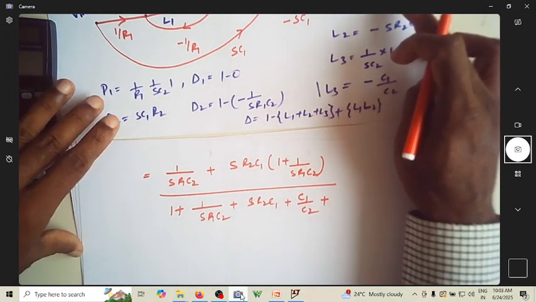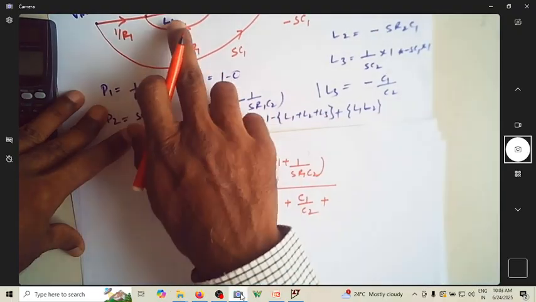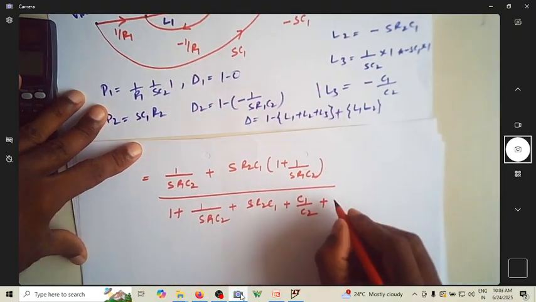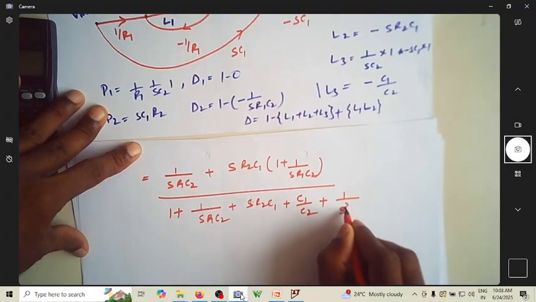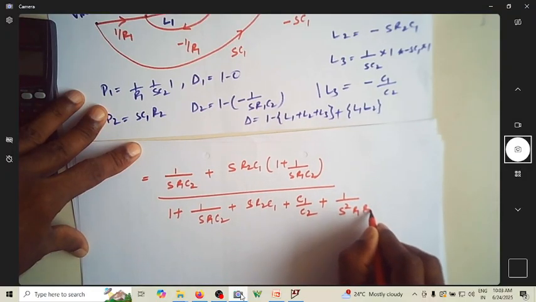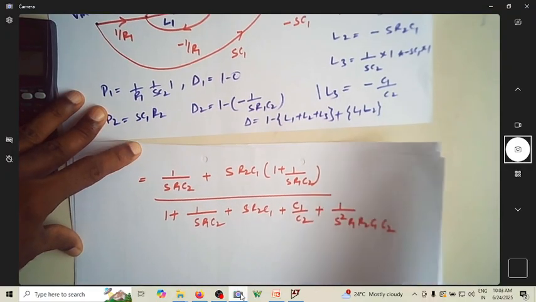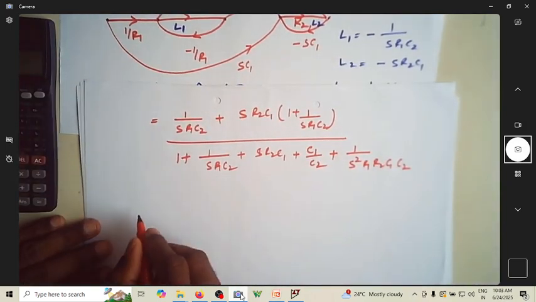L1 L2 is, sorry, L1 L3, sorry, L1 L2. It's plus 1 over S square R1 R2 C1. This will be the equation.